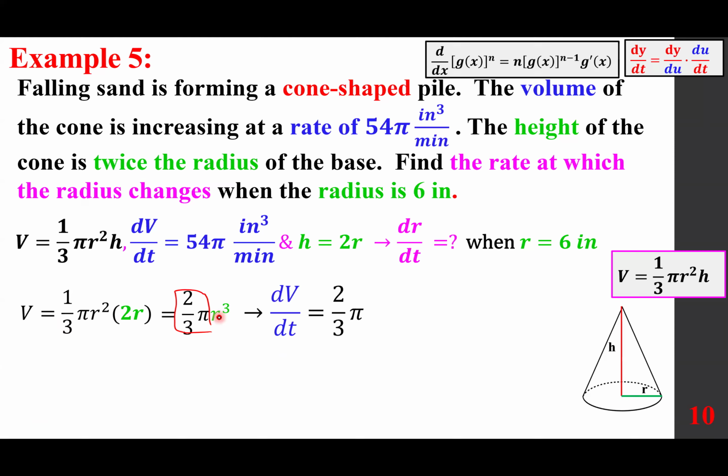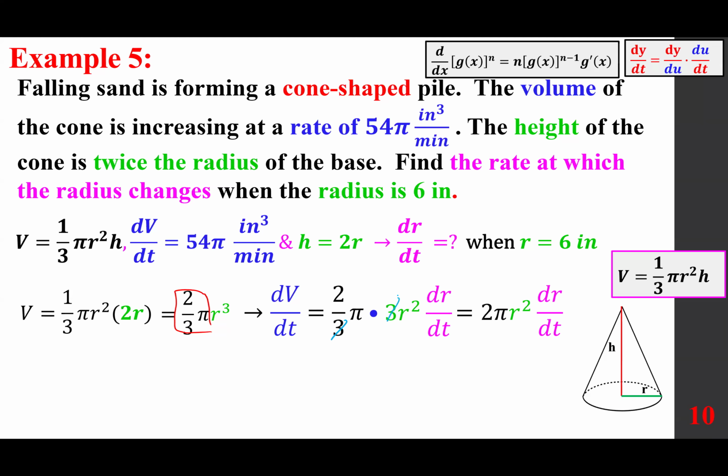And now all you have to do is differentiate r cubed with respect to t, and that's an easy differentiation, 3r squared dr/dt. So we get 2 pi r squared dr/dt.